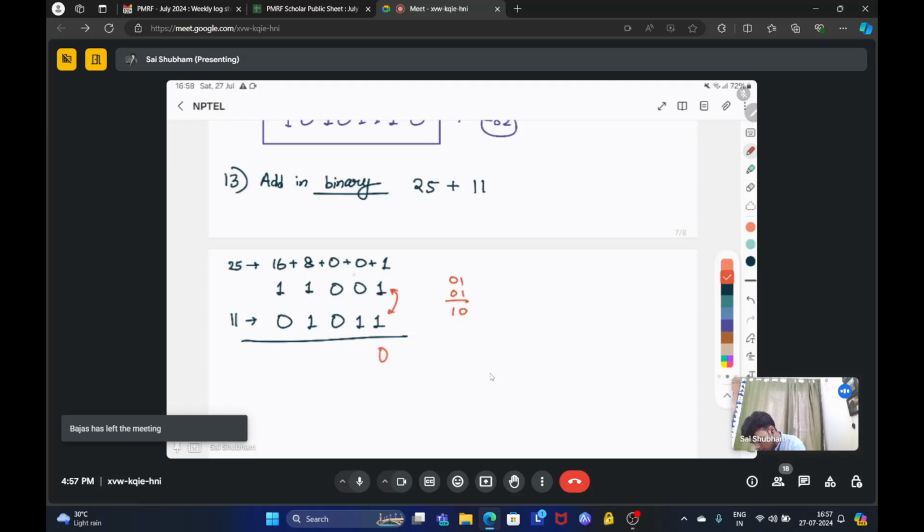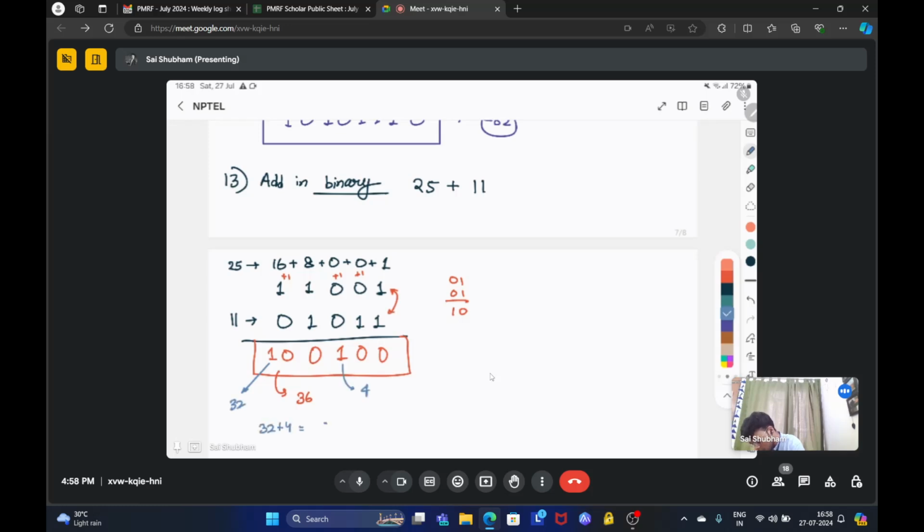So it will be 0 and there will be a carry. So this will be 0, there will be carry 1. So here you will have 0 and carry, and this will be 10. So this is your final output, which is 36. As you can see that this position is 32, this position is 4. So 32 plus 4 equal to 36.